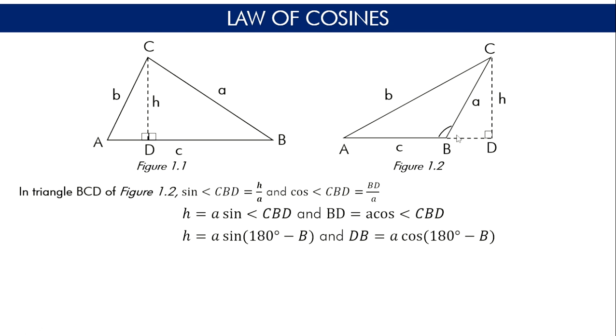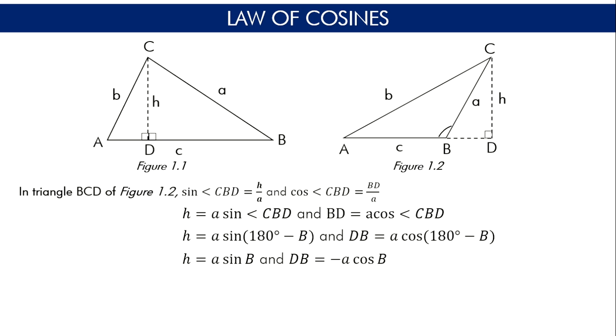If we use again the difference identity for the sine, we can evaluate sine of 180 degrees minus B as just sine B. And for this one, cosine of 180 degrees minus B is the same as negative cosine B. So we use the sine and cosine difference identities.